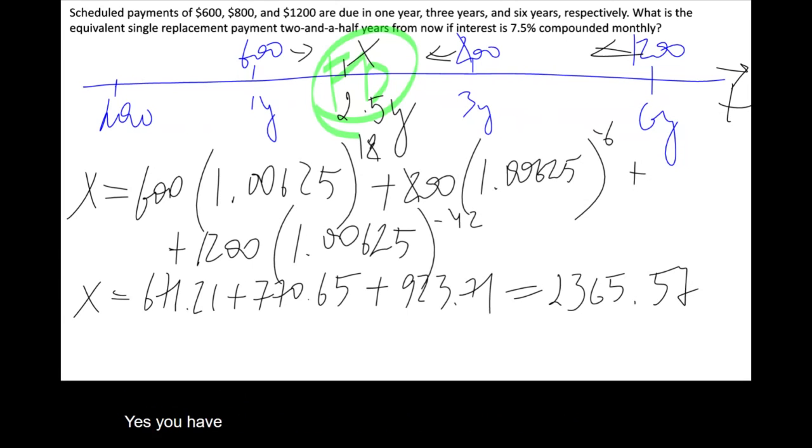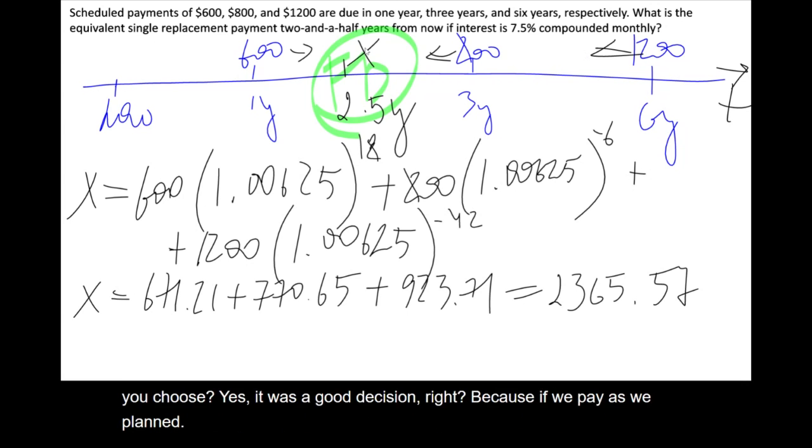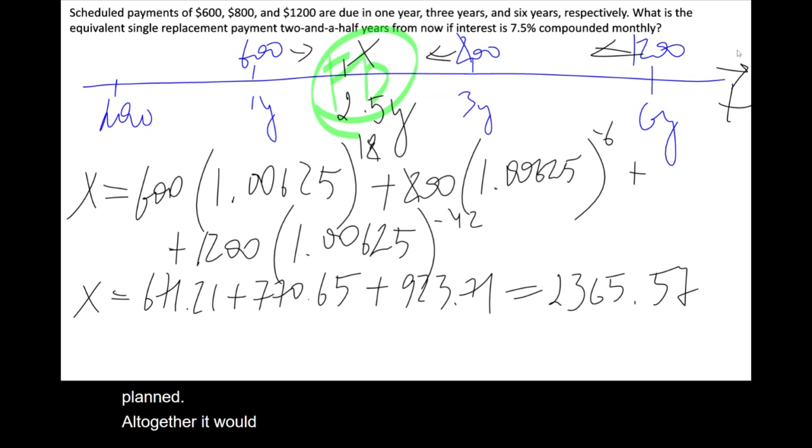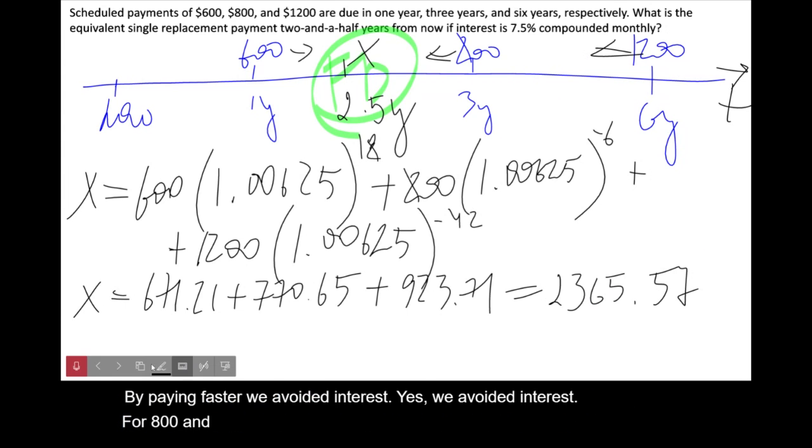You have three options to answer: yes, no, I don't know. So which one do you choose? Yes, it was a good decision, right? Because if we pay as we planned, altogether it would be 2,600. By paying faster, we avoided interest. Yes, we avoided interest for 800 and 1,200, right?